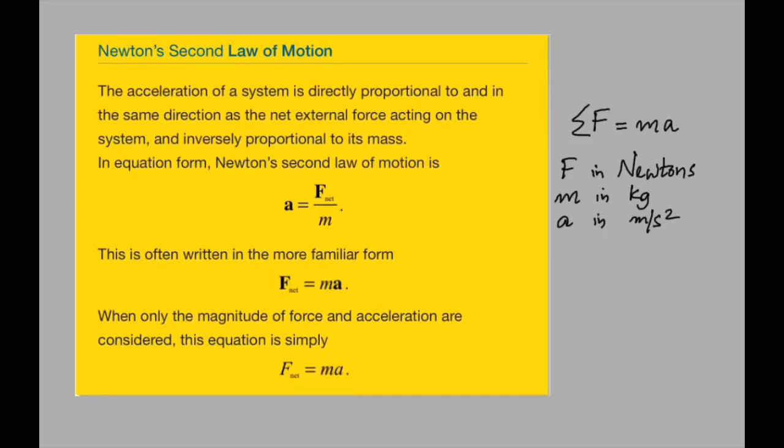So Newton's second law always talks about the net force. That's what you've got to be careful about. That means you've got to look at all the forces acting on an object, find the total or the net force, and then set that equal to mass times acceleration.